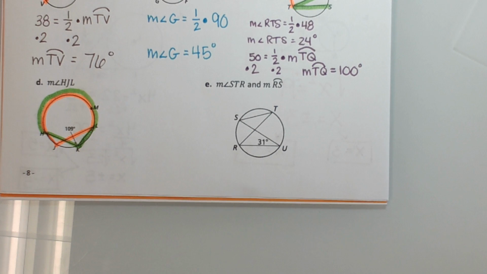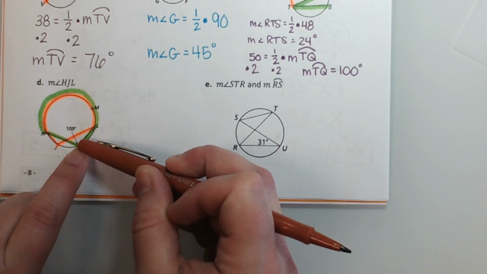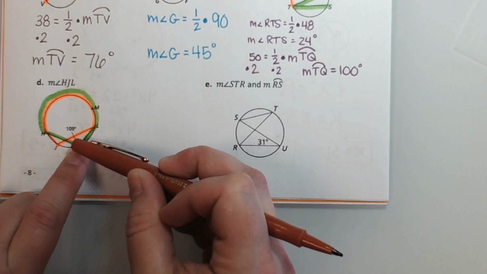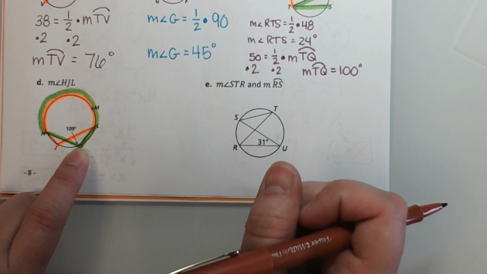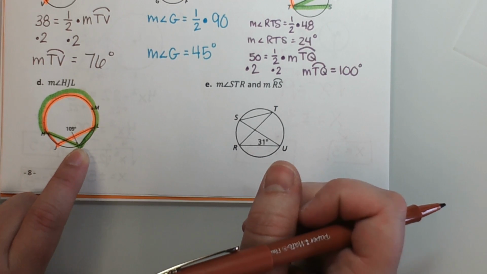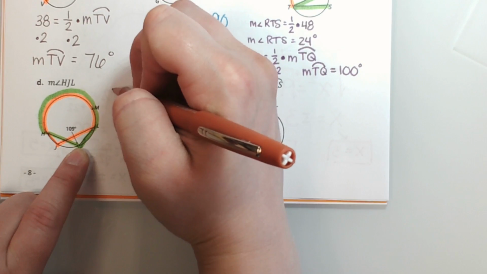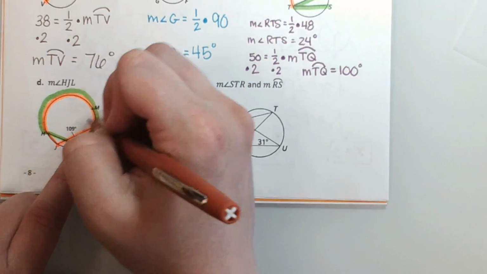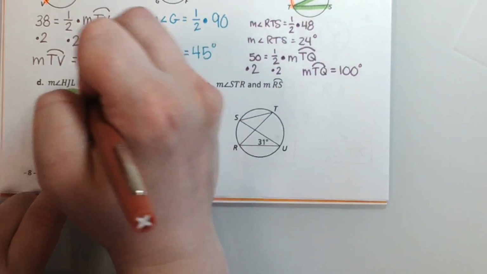So I can use that relationship. If I have an angle, do I cut it in half to get the arc, or do I double it to get the arc? I would double it. And if you're not 100% sure, you could always go back to the formula that says angle, and I'm working with the green right now, equals 1/2 times, I'm going to call that x.